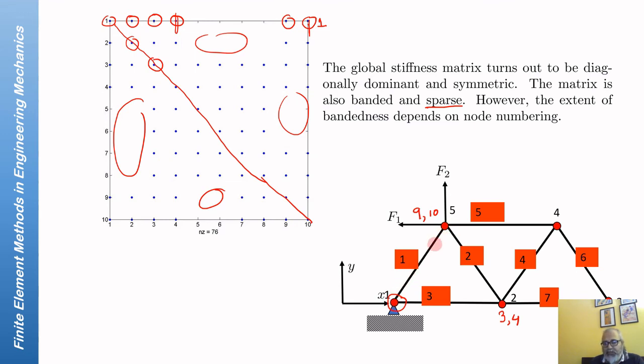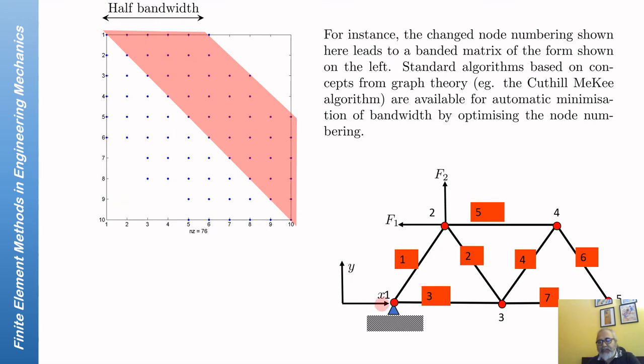Now, if I could do a cleverer numbering of the nodes, so that I check out the maximum difference between the numbers of connected elements. So the maximum between 1 and 3 is 4, and the maximum between 1 and 5 is 10. If I can reduce this maximum difference, then I can actually narrow the bandwidth down, and that's what I'm going to show for this new numbering that I have changed to: 1, 2, 3, 4, 5.